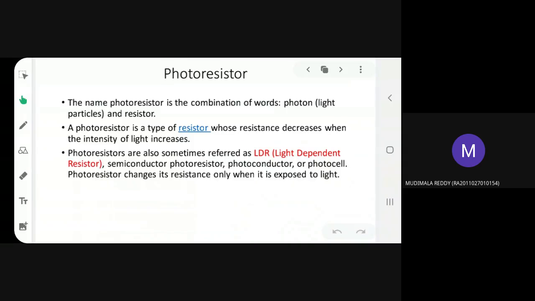Assume a street lighting assembly of lights. In the daytime when sunlight is available, you want all the lights to be off or on? Off. So in that case, the sunlight will be made to fall on this LDR or photoresistor.